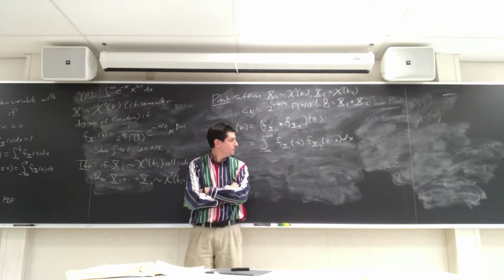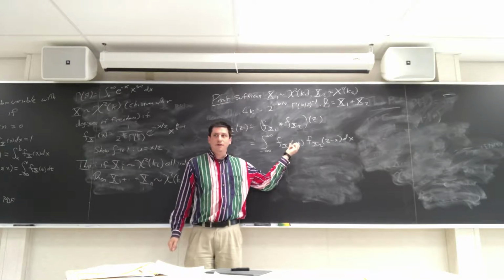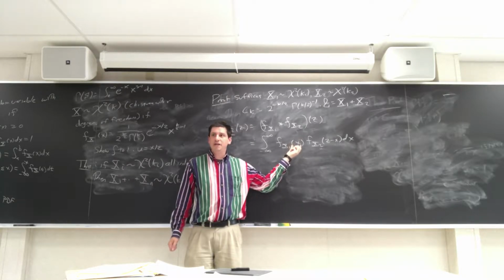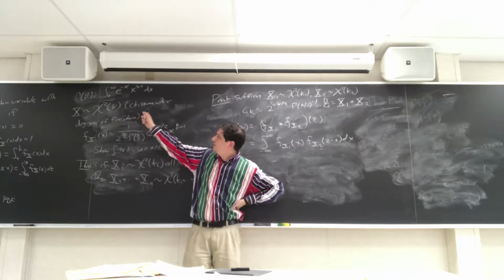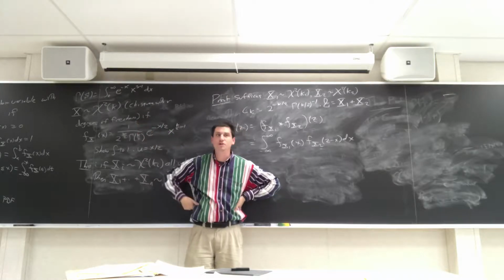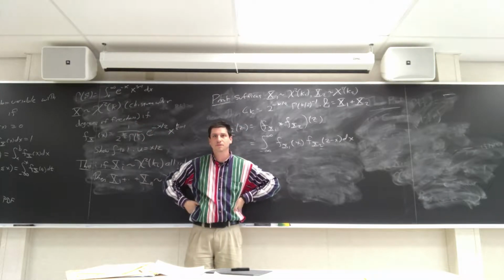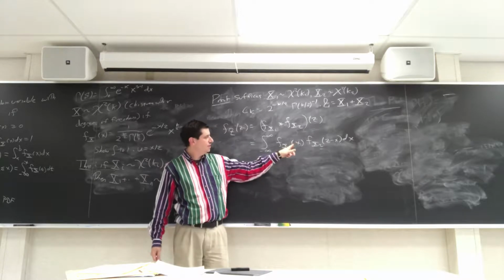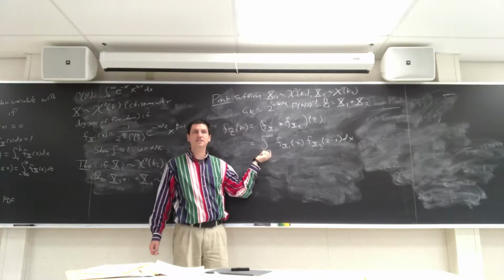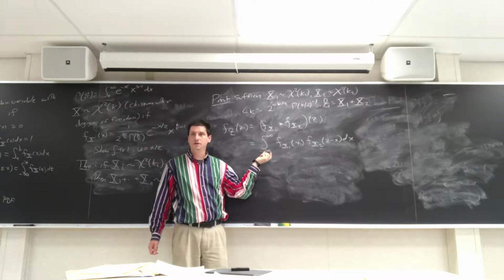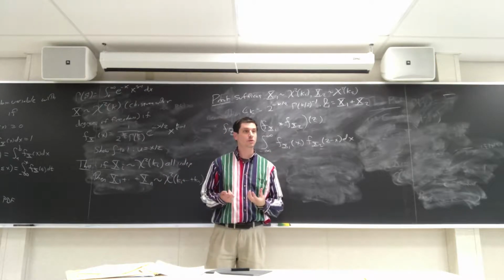Okay? Now, my chi-squared random variables are only non-zero if x is greater than or equal to 0. So do we agree that for this integration, I don't have to go from minus infinity, I can start at 0? The density function is 0 if the input is negative.